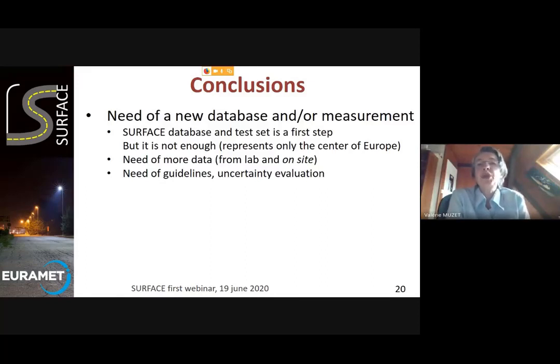Up to now, we chose to take data only from laboratory devices, but we need data from on-site devices. We made this choice to focus on laboratory devices because we have no idea of the uncertainty of lab devices, and we have no idea of the uncertainty of on-site devices.